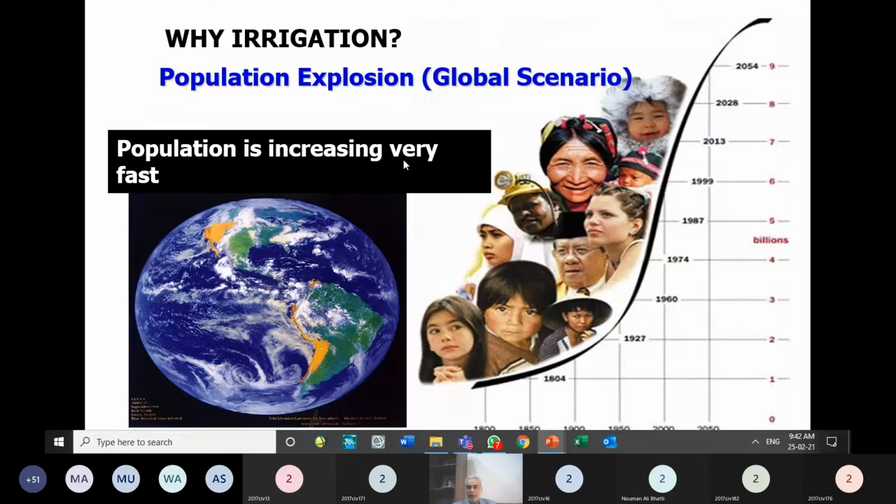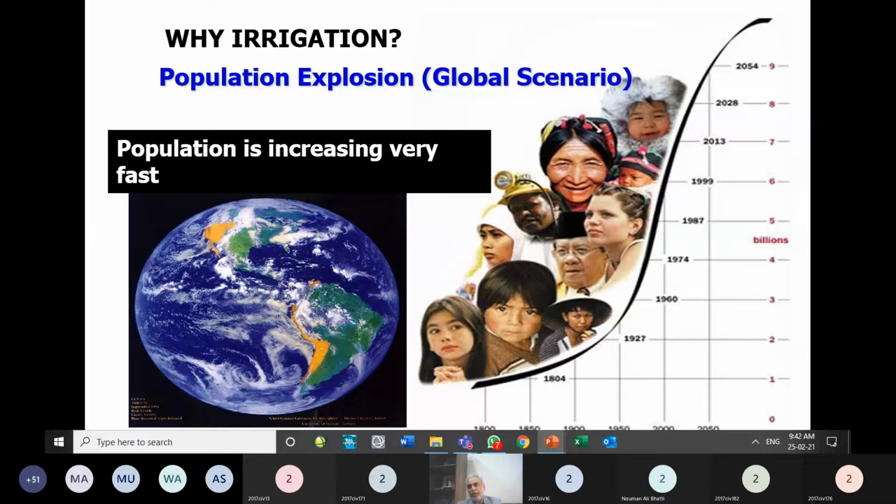So we need more food and fiber because of the increase of the population, and that necessitates that more area should be cultivated so that more food and fiber yield can be obtained. But keep in mind, our land resources are limited.